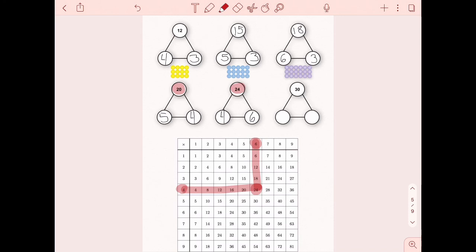Alrighty. Lastly is this number 30 here. So I'm finding 30 on the table of multiples. I see it here. And I'm looking up here to see that 6, and over here to see that 5 are two factors of 30. 5 and 6.